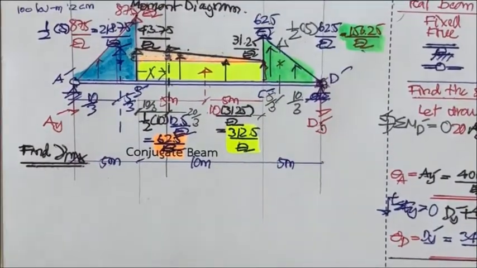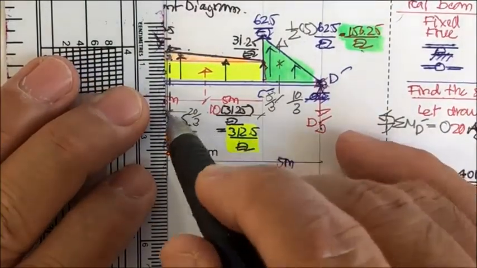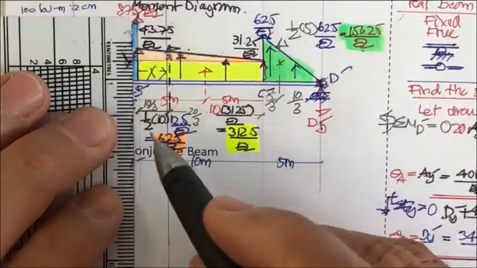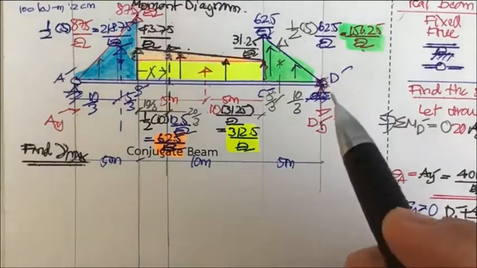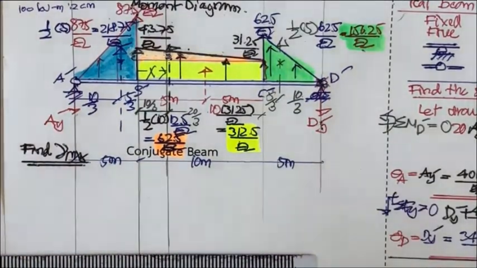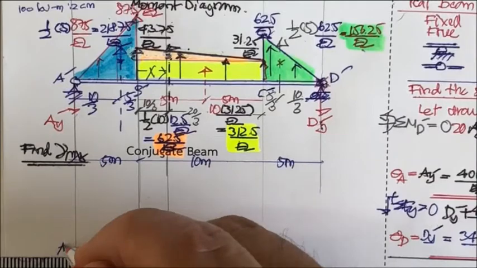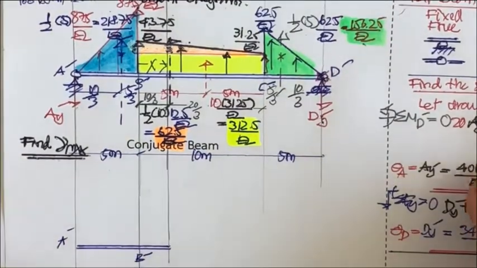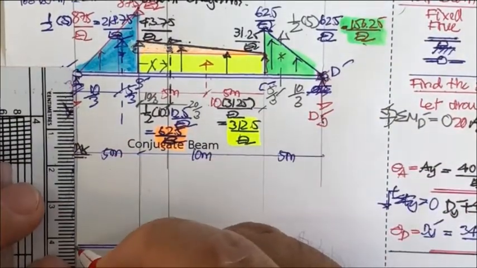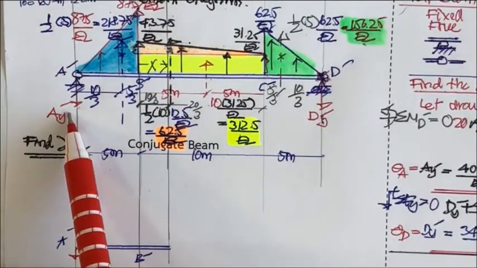Okay, now we project this down here, and this one here, and this one here, and let me have the conjugate beam. This portion is here. This is going to be A prime, this is going to be B prime, and we also have the reaction here. And if you may recall, that is going to be A sub Y prime.